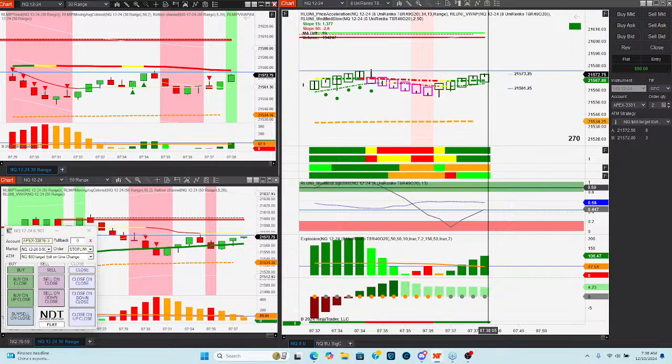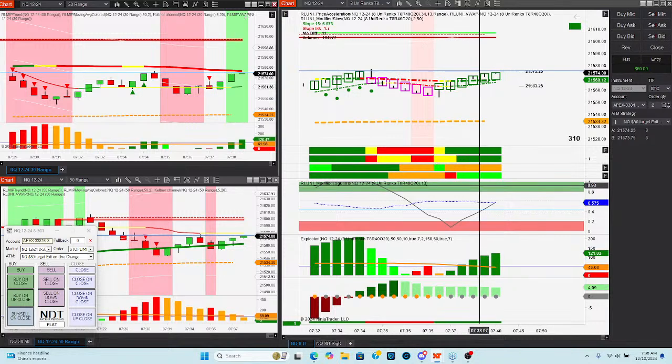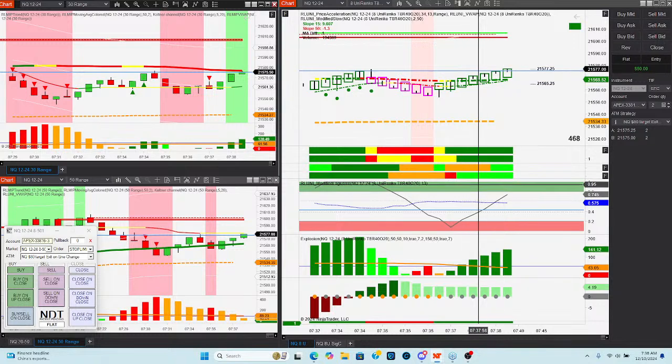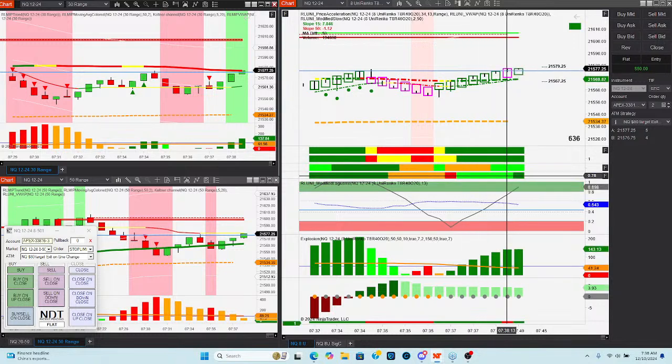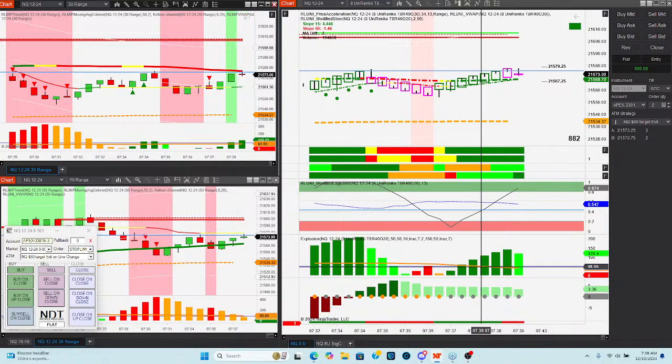Before, I was getting, hey, I just want to do the explosion. That worked really well for me. And then I saw there was something with the squeeze and the explosion together. So I'm still experimenting, going back and forth.